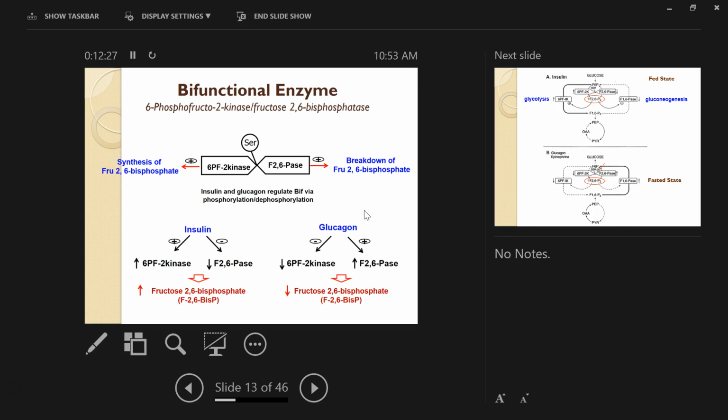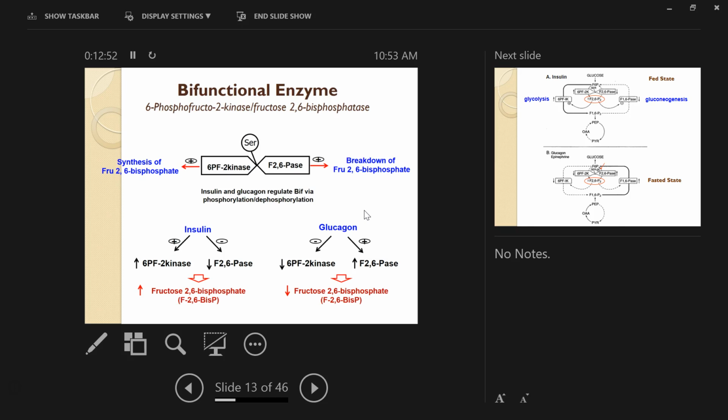And under the fasting condition, we should have increased glucagon, and glucagon regulates the bifunctional enzyme differently from insulin. So basically, glucagon increases the other bifunctional enzyme activity, fructose 2,6-bisphosphatase, but decreases phosphofructokinase-2.